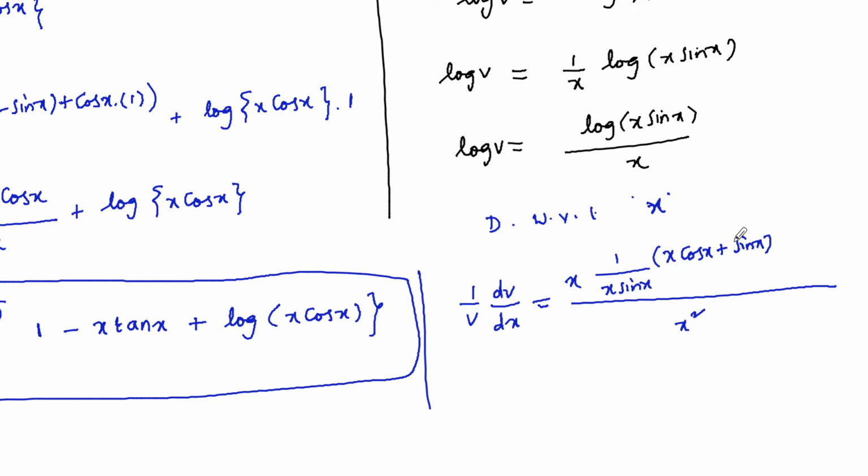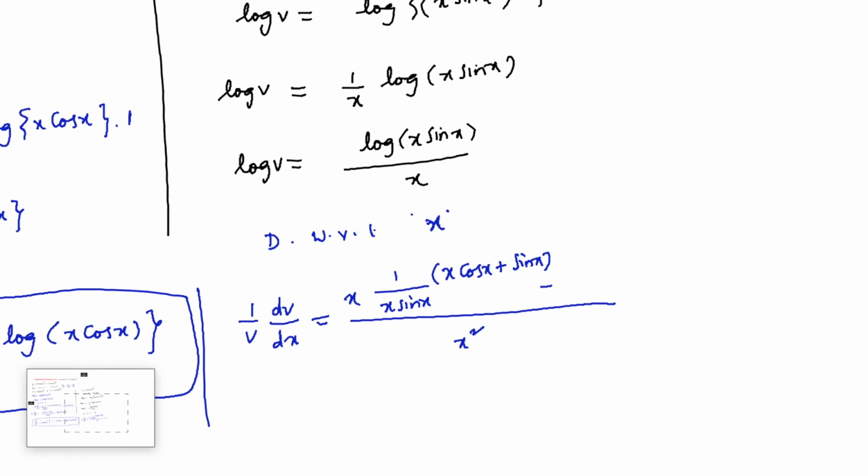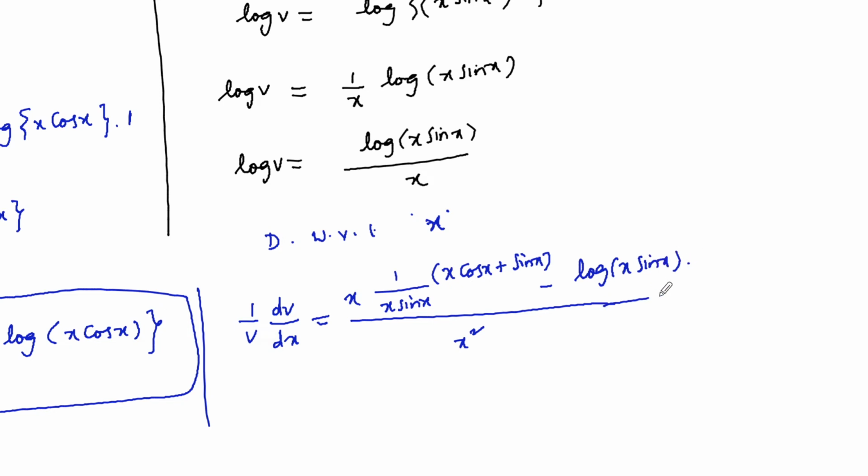So this is the first attempt of differentiation, and again minus log of x sin x into differentiation of x, which can be taken as the denominator, 1.